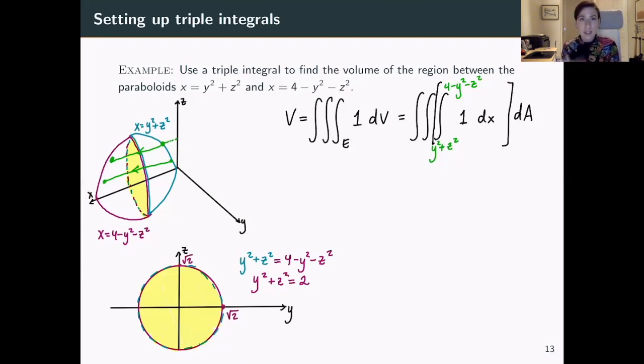Now that we have this, we can go ahead and set up our iterated integral.